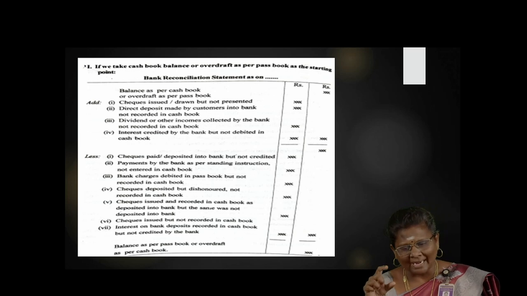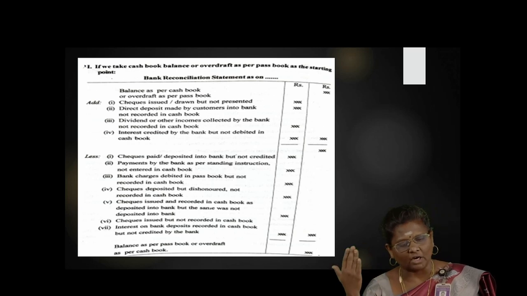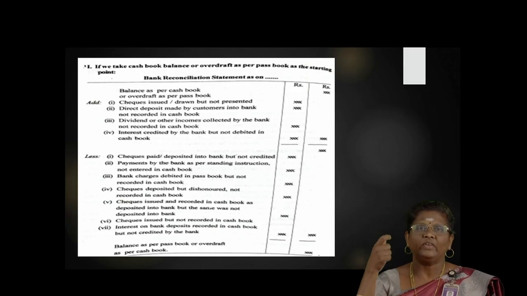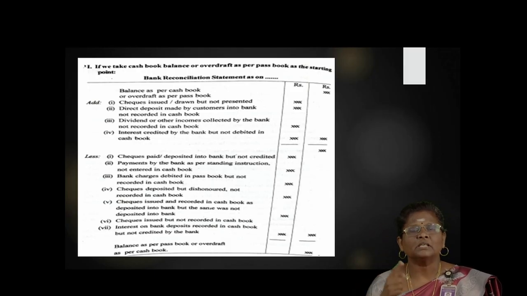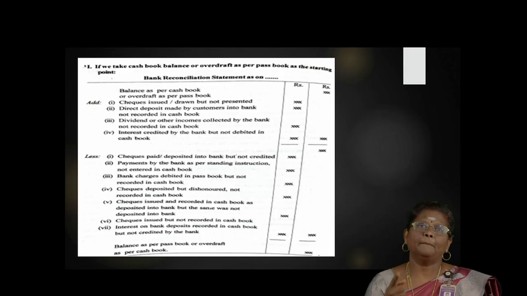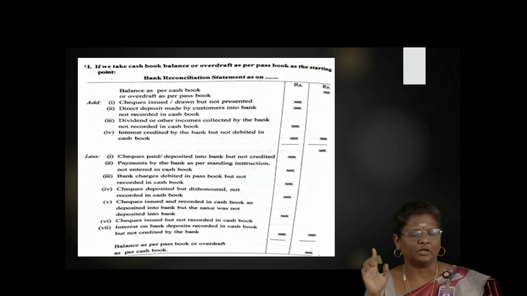So add all the amounts and put them in the outer column, and deduct them from the balance amount. We get the balance as per passbook. So we started from the balance as per cash book and we end with the balance as per passbook.